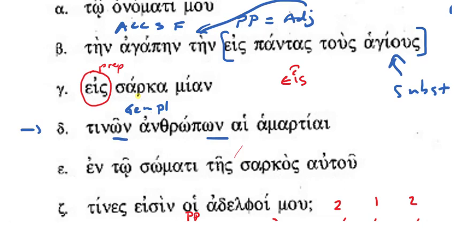Okay, eis, not heis. So eis sarka mian, what's that? Into one flesh, or into one body. This is probably reflecting the Greek of the Genesis account: the two shall become one flesh. They shall come to be one flesh. All right?